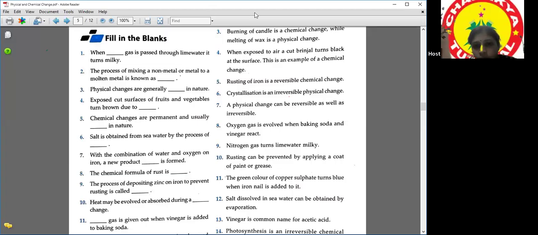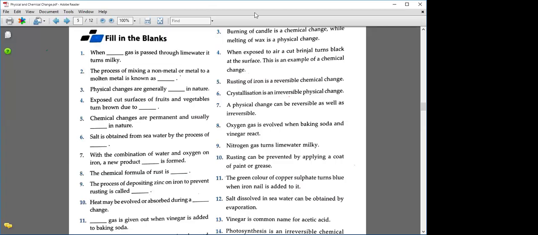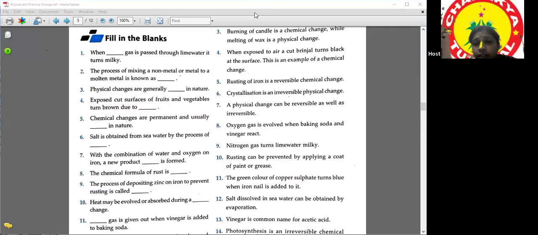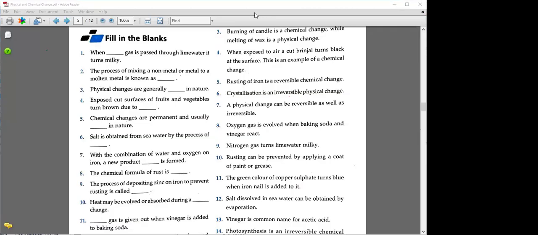Repeat 5 responses. I'm sending all the answers at a single time. No, no, no, don't do this, please, because everybody's answering, so I cannot scroll up to that level.